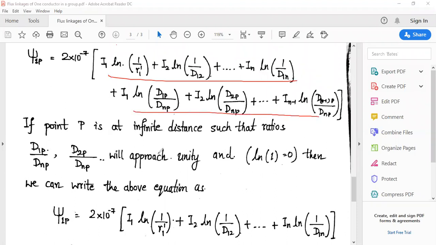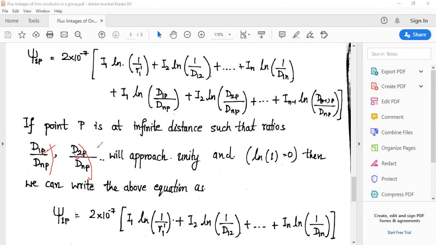As I already told you, the flux beyond point P is not to be considered, but point P itself is at an infinite distance. When it is at an infinite distance, we can generally take that the ratio of D1P and DNP is unity. Say somewhere around 100 meters, it will be somewhere around 99.5 or something like that. So that would be the relation for D1P, D2P.